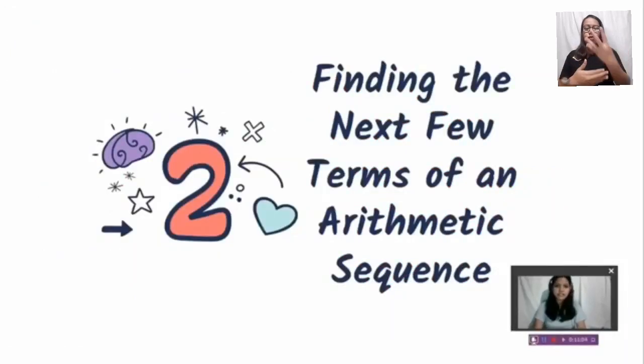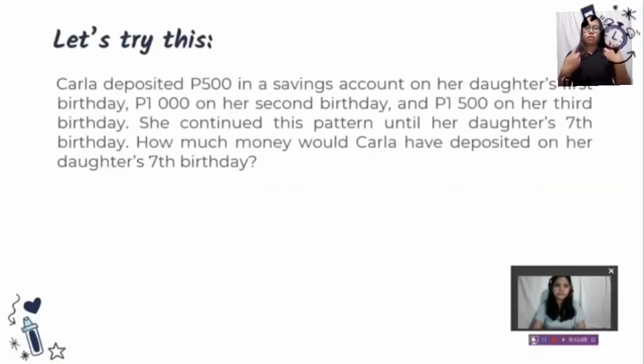Finding the next few terms of an arithmetic sequence. Let's try this. Carla deposited 500 in a savings account on her daughter's first birthday, 1,000 on her second birthday, and 1,500 on her third birthday. She continued this pattern until her daughter's seventh birthday.